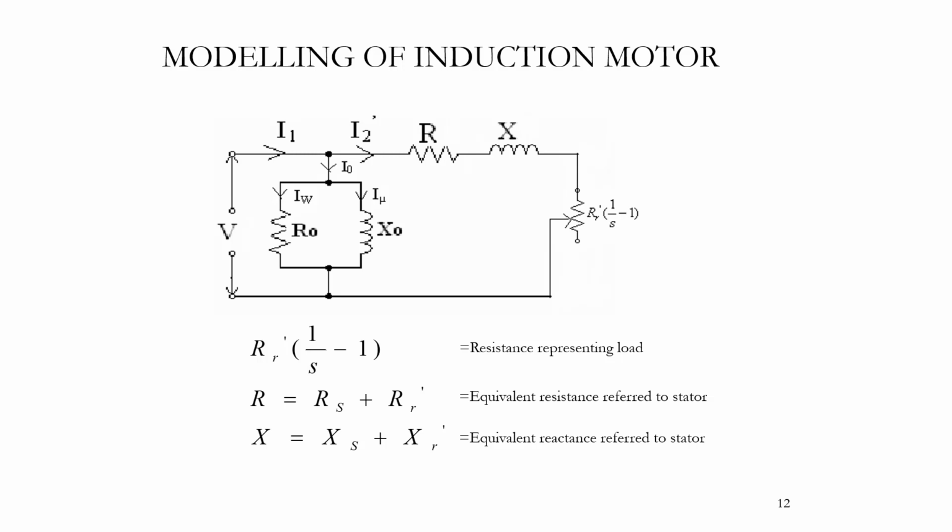So the total resistance is given by the stator resistance plus the rotor resistance R2 dash, and this R2 dash is again referred to the stator side, R2 dash divided by 1 by S minus R. This S is nothing but your slip. Now the reactance is the summation of stator reactance plus rotor reactance, which is the total equivalent reactance referred to the stator side.